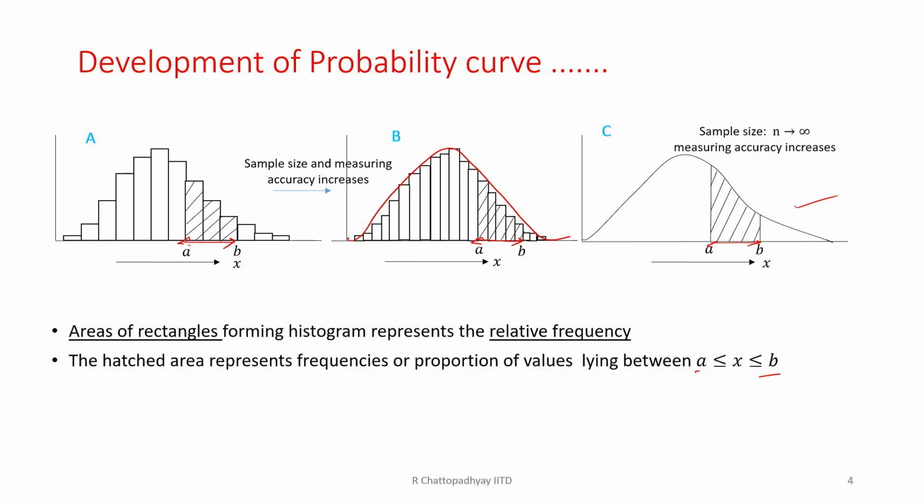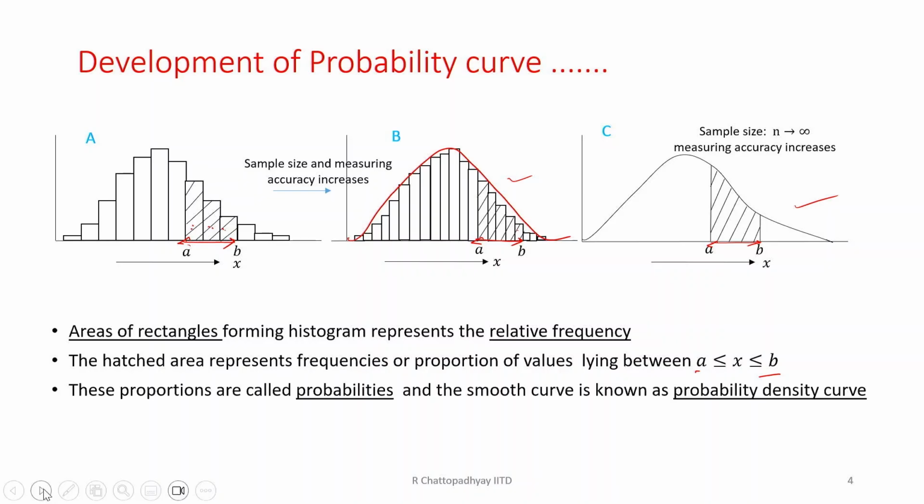So if we want to know the relative frequency, then we need to find out the area of all these three rectangles in this particular case, or these 1, 2, 3, 4, 5 rectangles for the histogram B. And for the smooth curve, we have to find out the area.